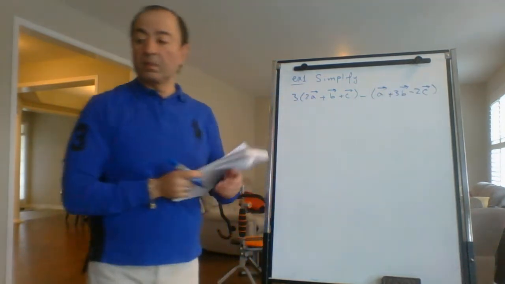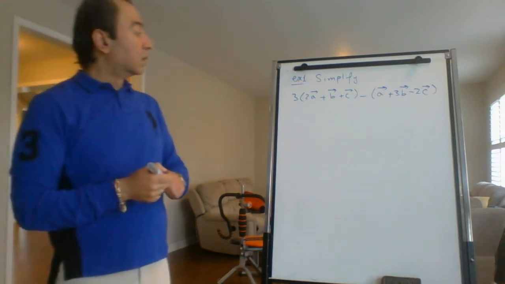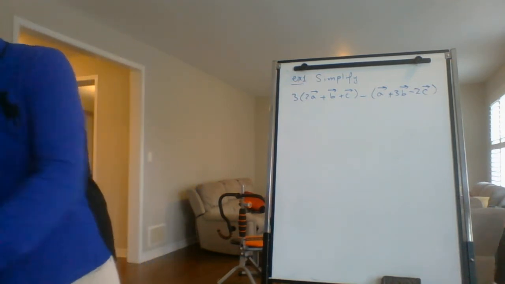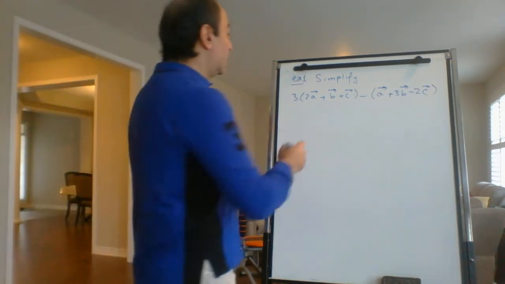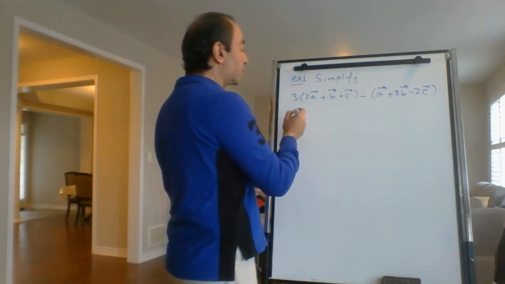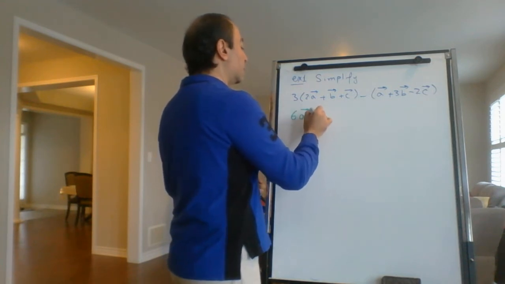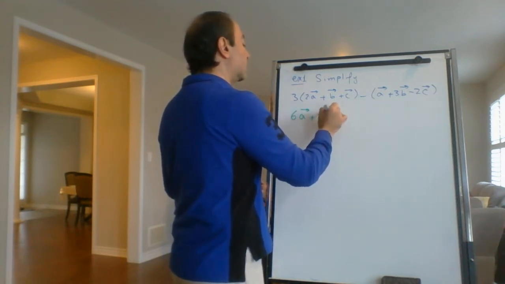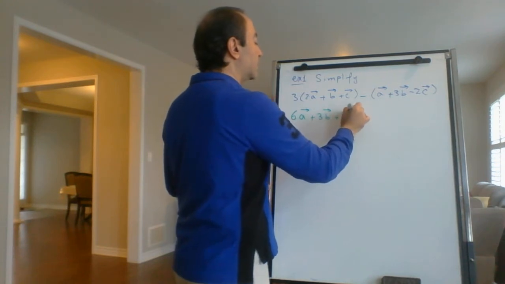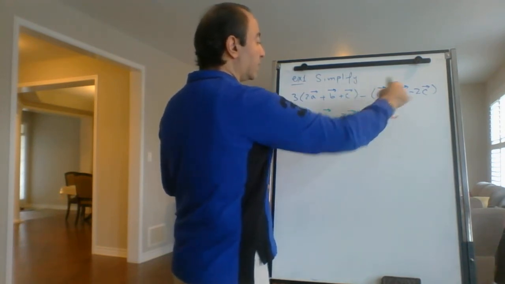So if I want to simplify this, I will distribute the 3 over everything inside using the distributive property. So that will be 6 times vector a plus 3 times vector b plus 3 times vector c. And I will distribute the negative 1 over everything.